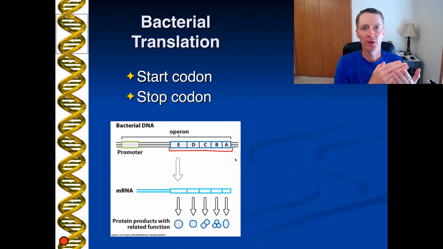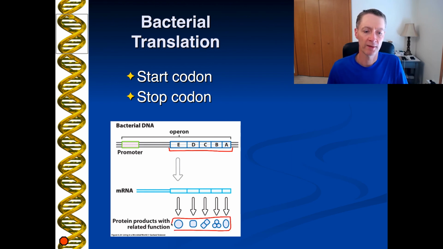Maybe some other enzymes that allow the cell to get lactose into the cell, okay? But everything to do with the lactic acid fermentation. Well, they could be linked together like you see here. Okay, so all of those coding regions would be linked together, and it would ultimately produce the products that would be useful when lactic acid fermentation is going to take place.